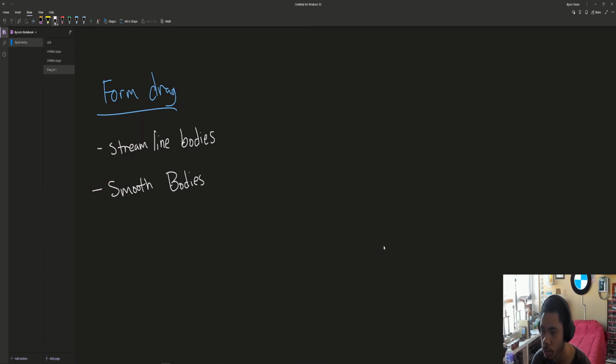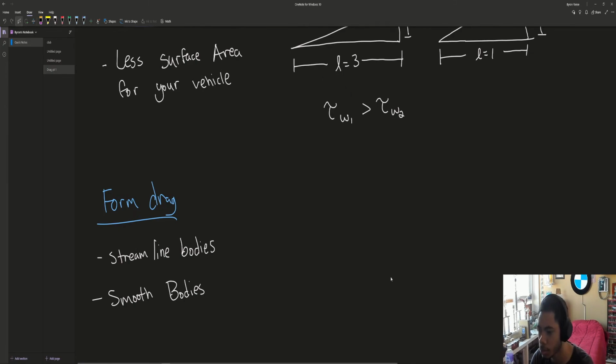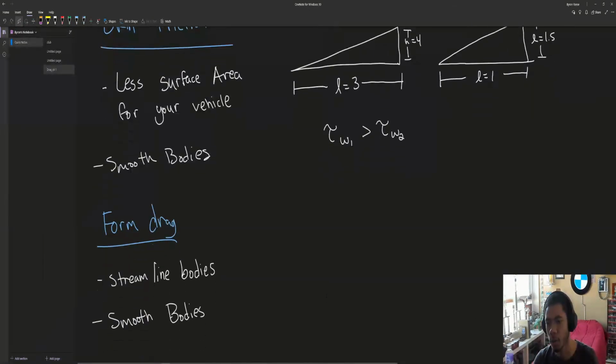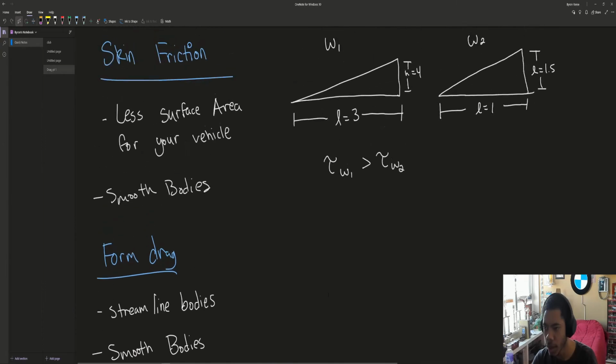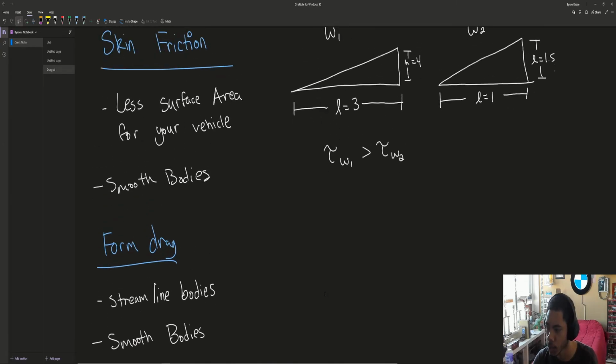Smooth bodies. I'll add this to skin friction too. Now you might be wondering, why do smooth bodies have to affect form drag, when that's something that concerns friction forces?